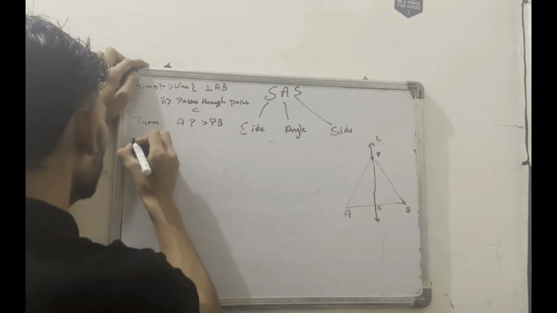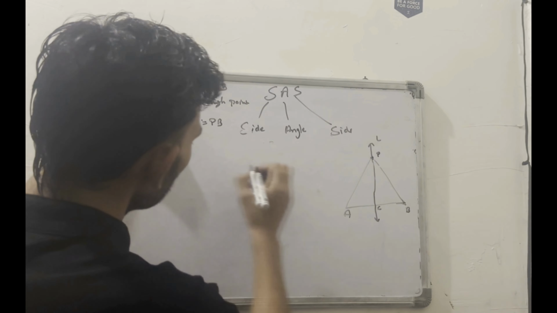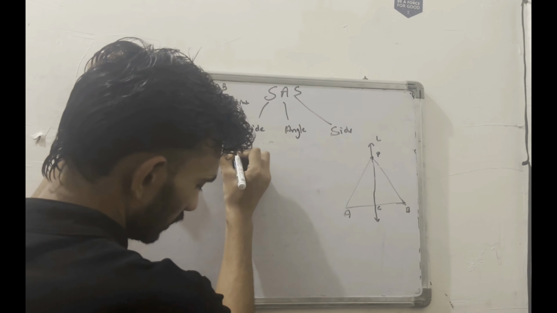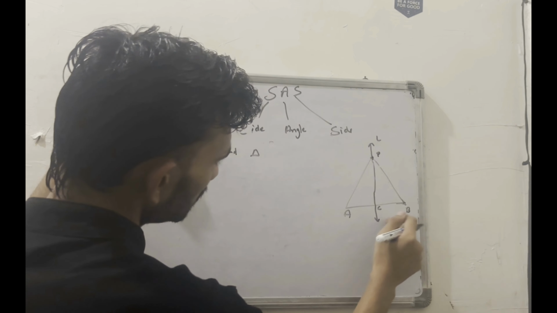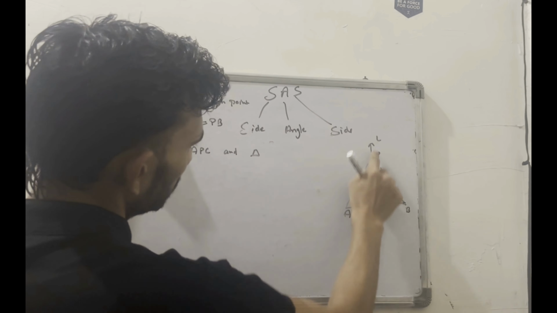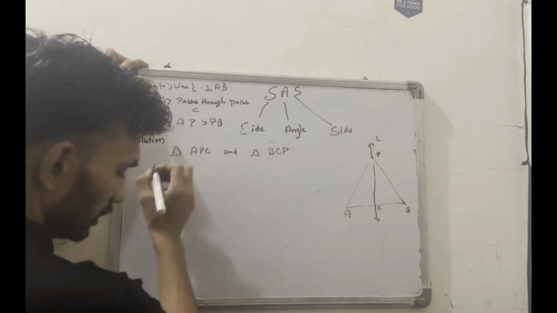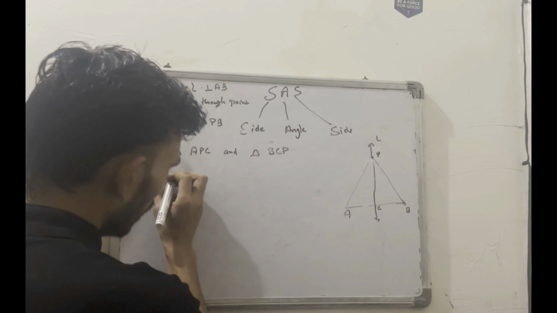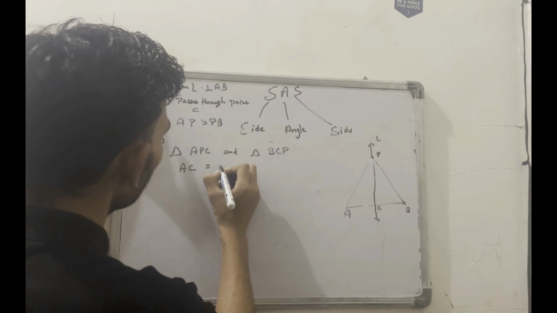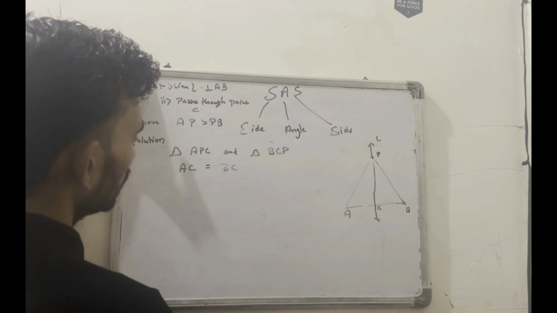So let's move forward. Solution. Triangle APC and triangle BCP. Then it is given that AC equal to BC.